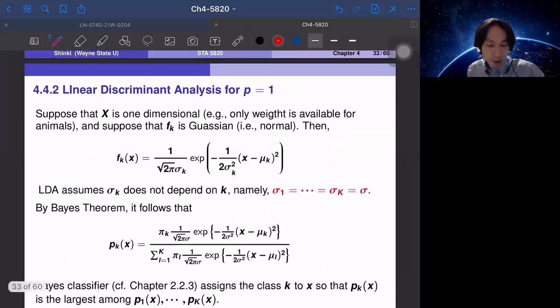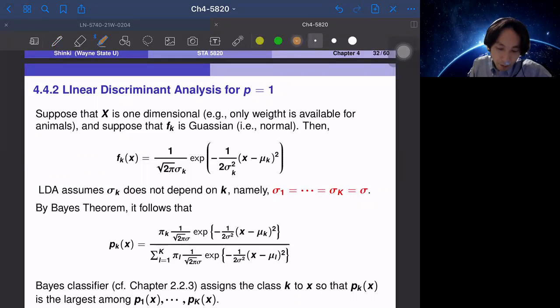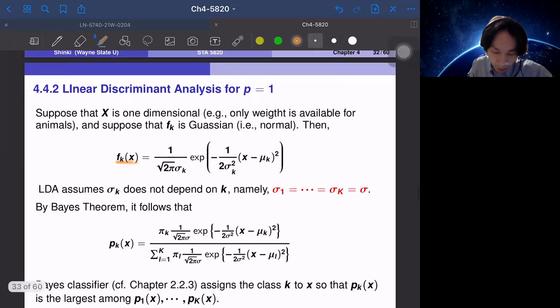So in linear discriminant analysis, the assumption is that the probability of X given Y is represented by a Gaussian distribution. So f sub k of x: if the class is k, the distribution of X is this normal distribution.